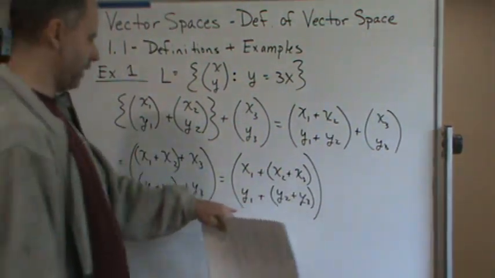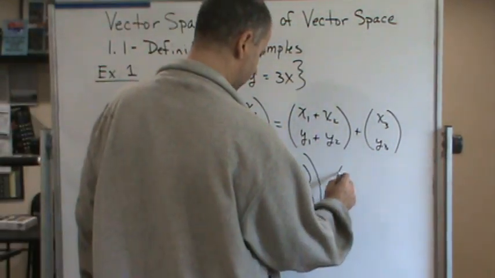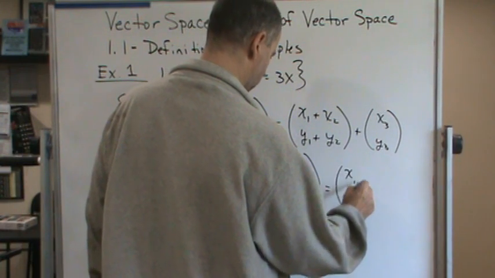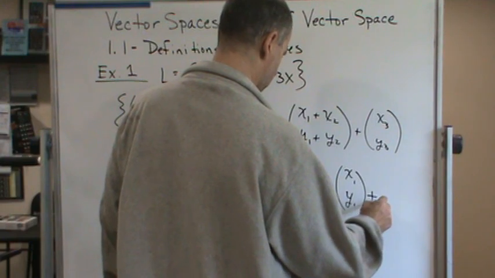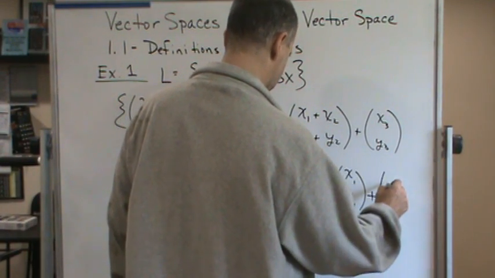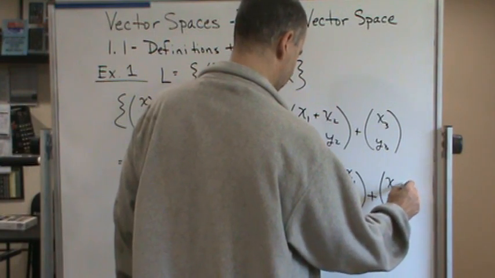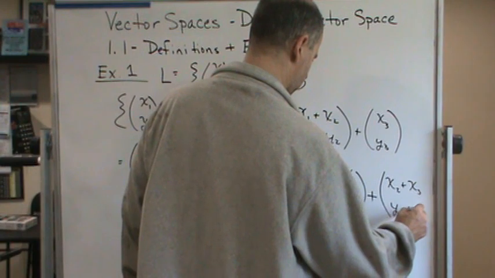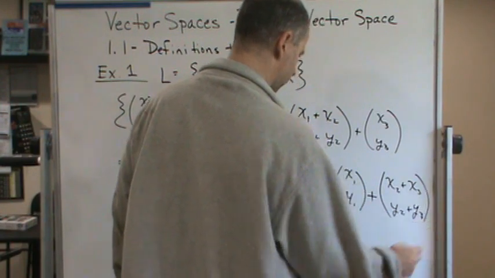And now I can split it up this way. I can do (x1, y1) plus the vector (x2 plus x3, y2 plus y3).